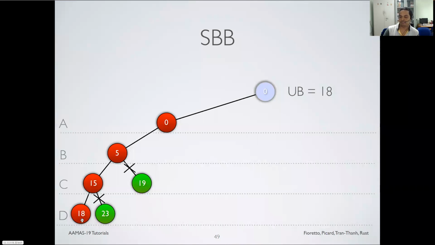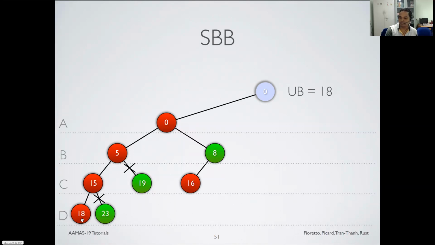We will discard. Next, choose the value of B. 8. Should I choose it? We should, because 8 is less than 18. We will further expand. C can be red, C can be green.